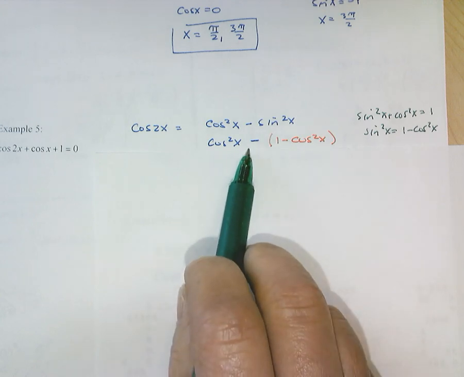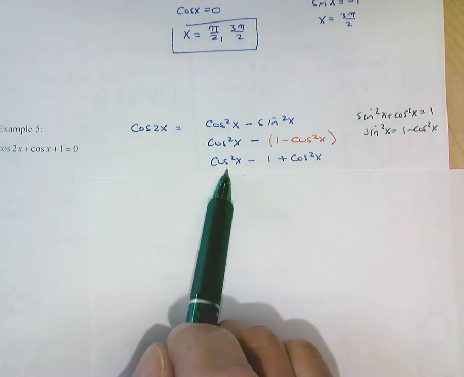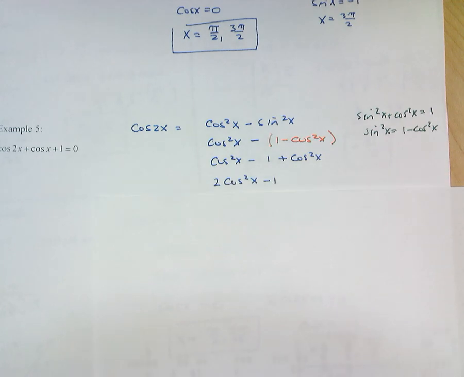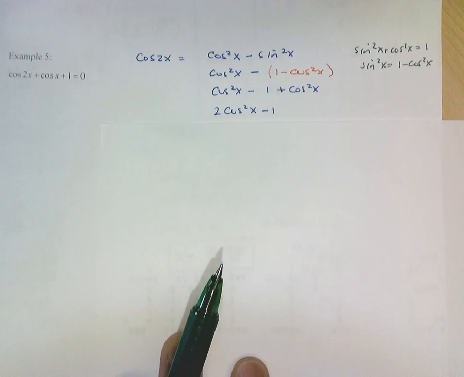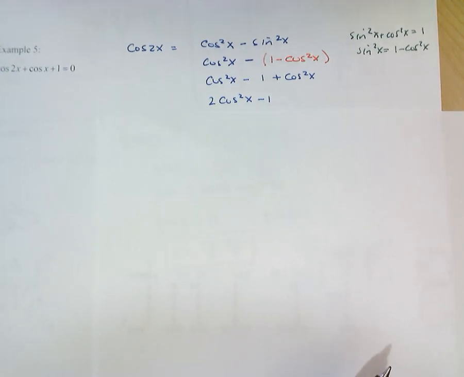That's minus everything, so I make sure I distribute the minus sign. Combine like terms, so that gives me 2 cosine squared x minus 1. So that's where they derive the formulas. Now I can use this 2 cosine squared x minus 1 in my problem.